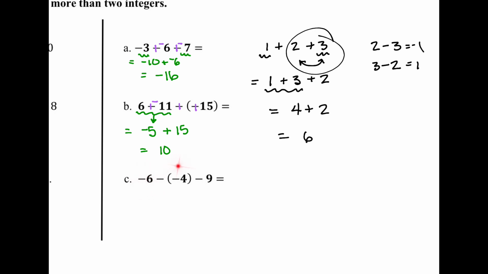Remember, it's keep, change. It's not just change. Keep the first one. That's your anchor. You don't ever change your anchor, okay? So now we're going to do change because that was a subtract. So I'm going to bring down add 4. And now I'm going to do change, and I'm going to bring down plus -9.